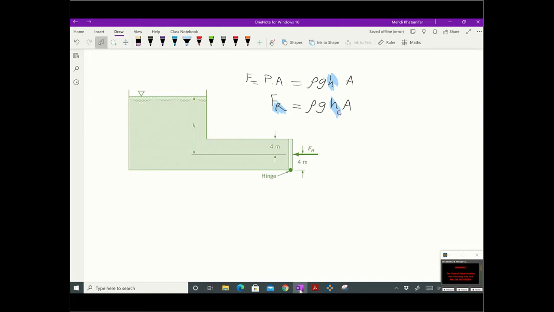Okay. Do you remember what's the formula for the position of the FR?